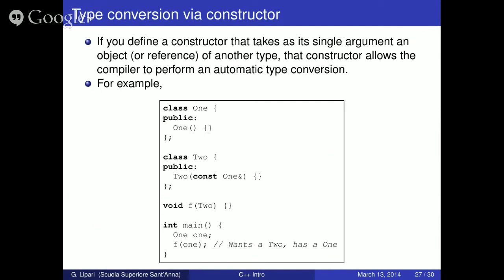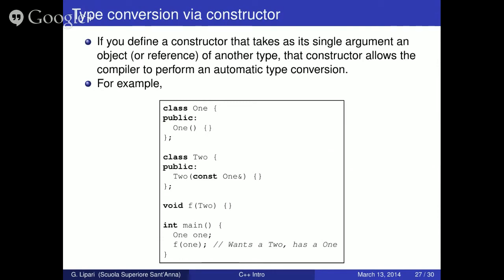And one way of doing that is by using a constructor. So basically, when you define a constructor that takes one single argument, and this single argument is an object or a constant reference to another type, that constructor can be used by a compiler for performing an automatic type conversion. For example, suppose you have class 1, and this class 1 contains nothing, it's just an example.